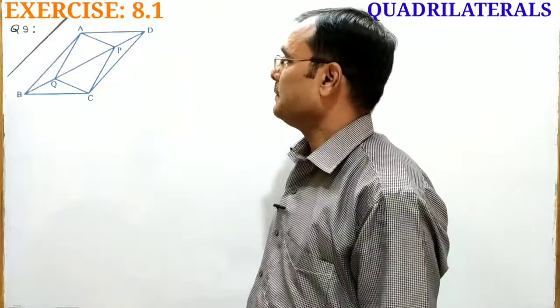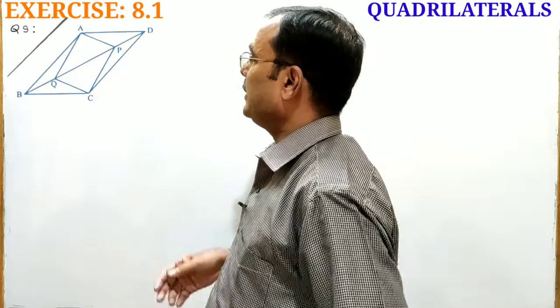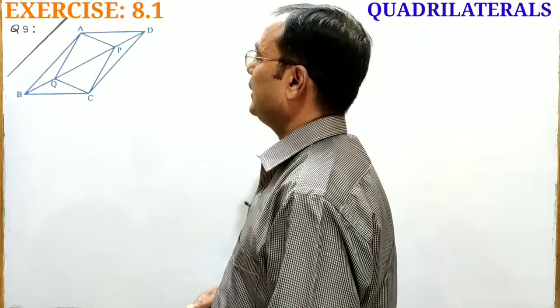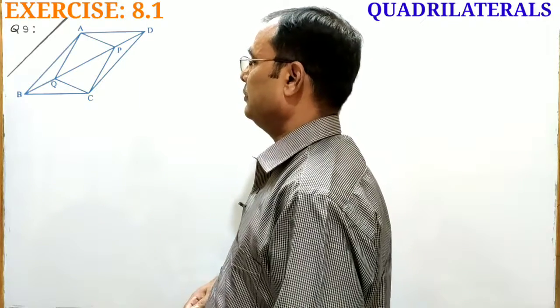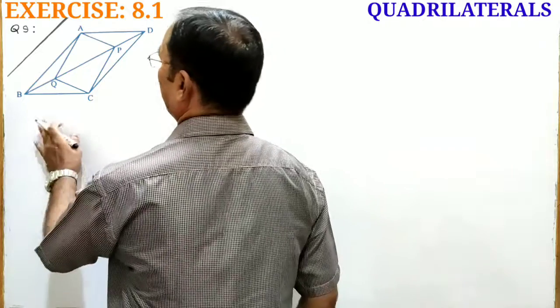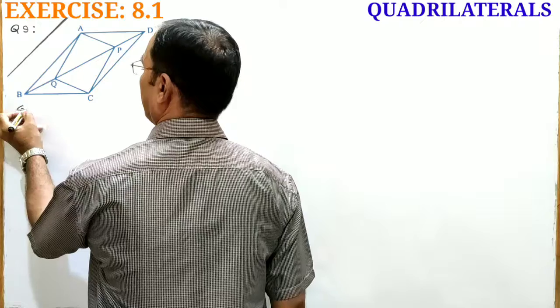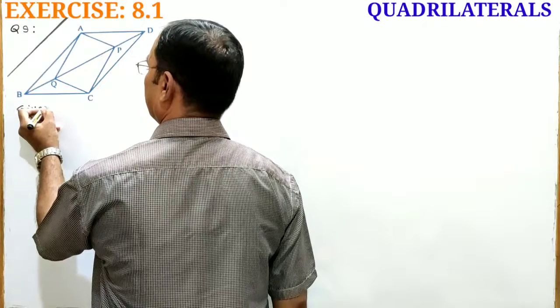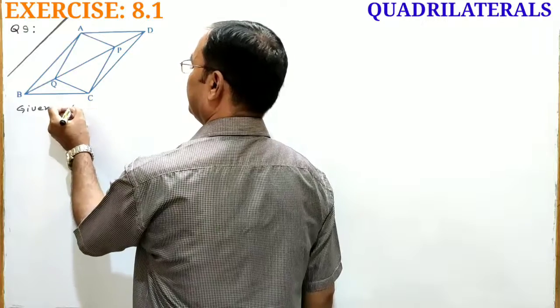Here in this figure, ABCD is a parallelogram. 2 points P and Q are taken on diagonal BD such that DP equal to BQ. So let's write given: ABCD is a parallelogram.